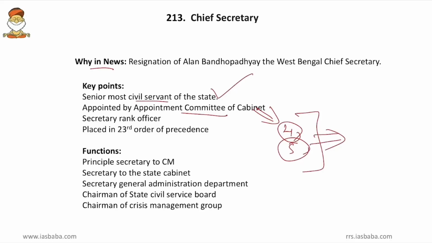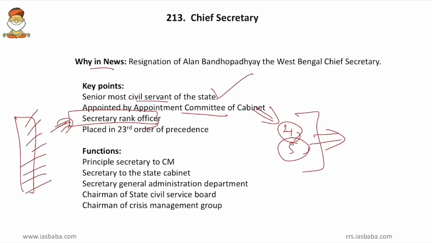Then come to the next, Secretary rank officer. So, the Chief Secretary is a Secretary rank officer in the hierarchy of a secretariat. In the hierarchy of a secretariat, there are Cabinet Secretary, Secretary, Joint Secretary, Assistant Secretary, Under Secretary, Section Officer, Commissioner, Deputy Commissioner.